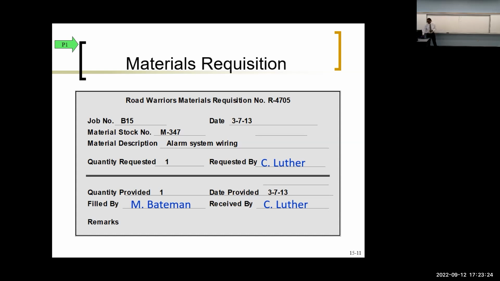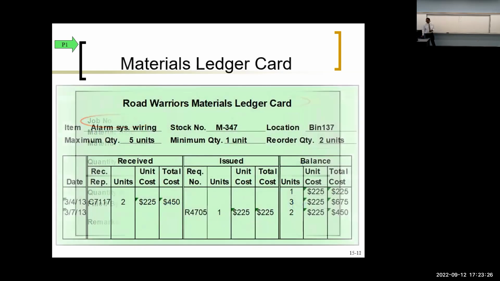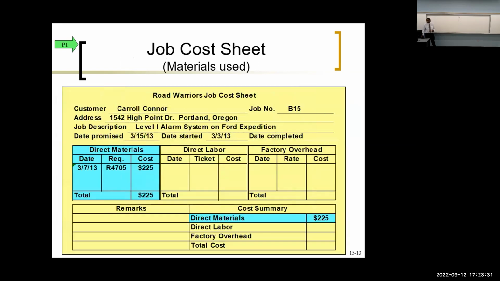So when they send the alarm system wiring, we're going to put that onto this little ledger card, and we'll put it onto the job cost sheet. Whatever it costs for that wiring, that's what we'll put on the sheet. Any questions on that? And that'll be direct materials. Questions?